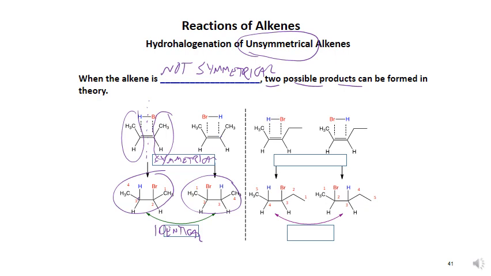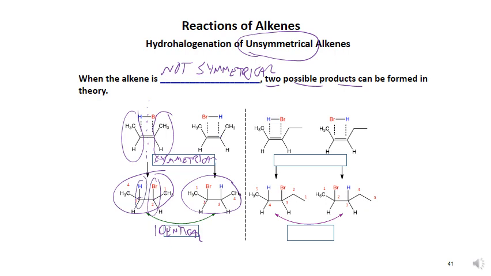If all you do is flip it over, you've got CH3, a bromine on carbon 2, a hydrogen on carbon 3, and then a CH3. If you counted the opposite way, bromine on carbon 2, hydrogen on carbon 3.